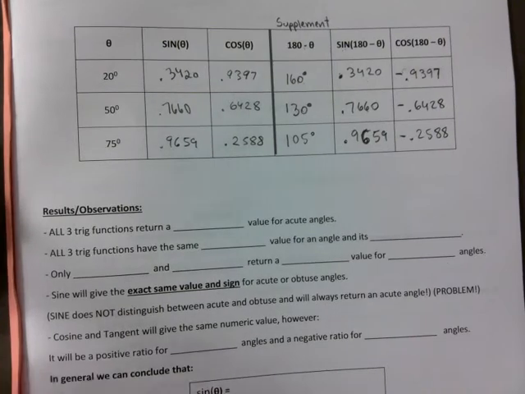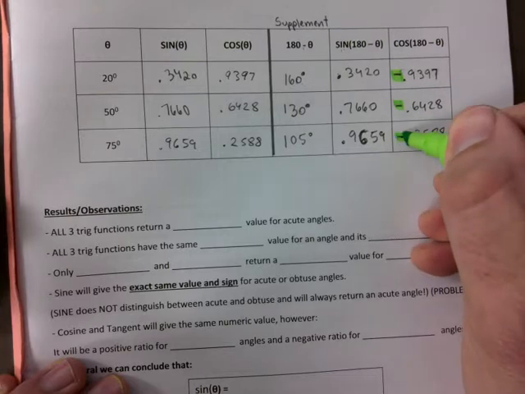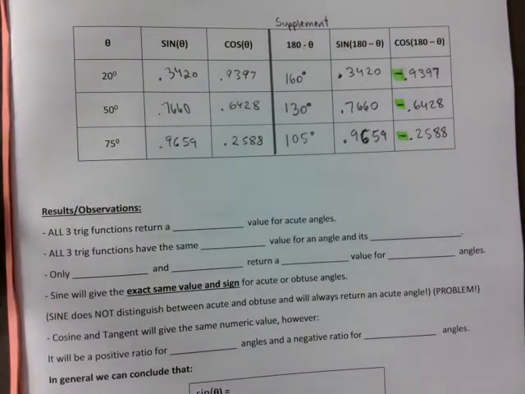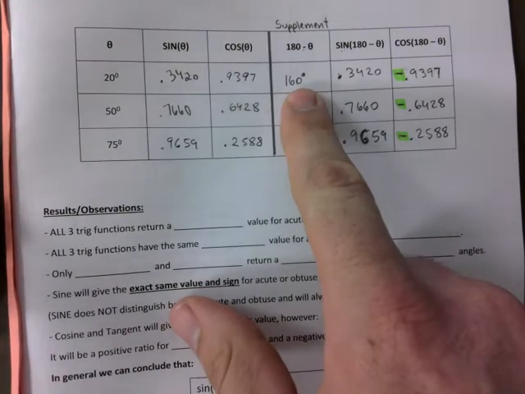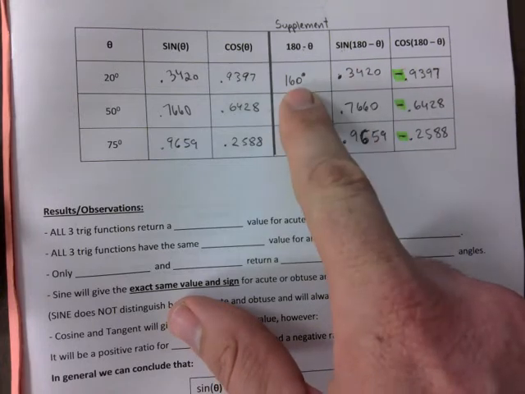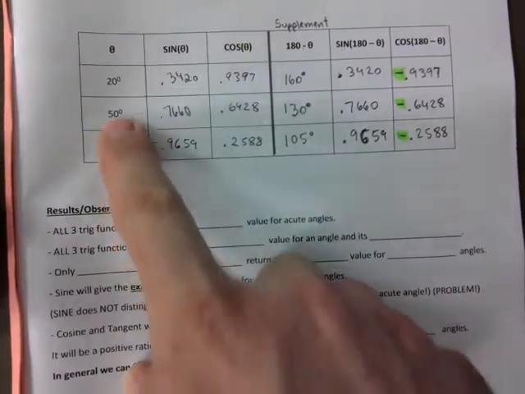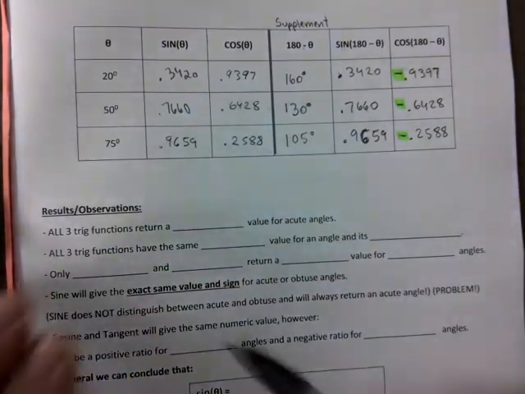Okay, so maybe, just maybe, I will emphasize the negatives. Cosine distinguishes, cosine knows, oh, 160, it's going to be a negative. It's an obtuse angle, negative; obtuse angle, negative; obtuse angle, negative. If it's an acute, let's put that here.